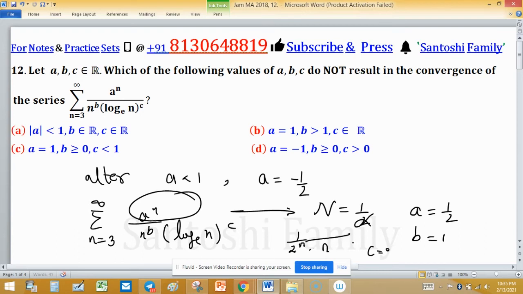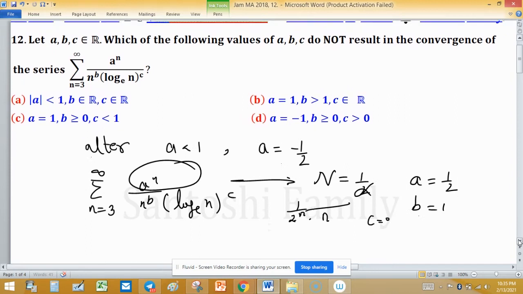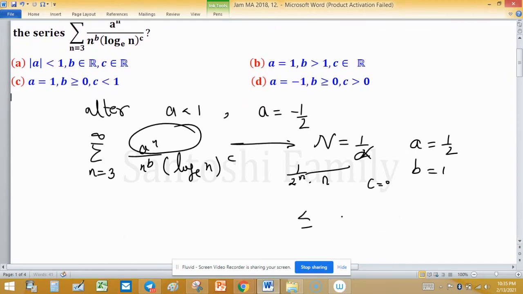This is the series, and it will be less than or equal to 1 upon 2 raised to the power n, and this is a geometric series. When you apply summation on both sides, it will be convergent.